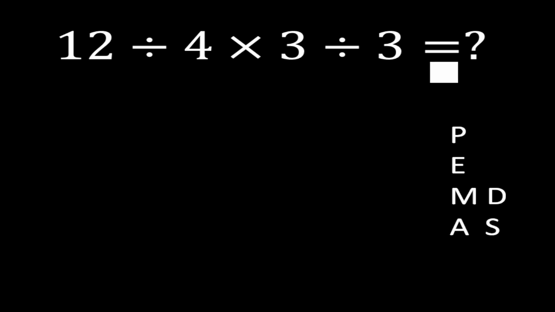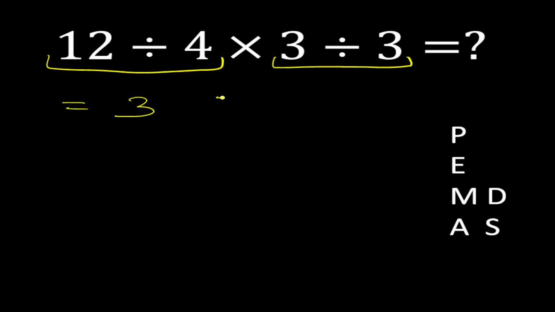Most people solve this question like 12 divided by 4 is equal to 3, then 3 divided by 3 is equal to 1. Now 3 multiply 1 is equal to 3. But here this answer is not correct.